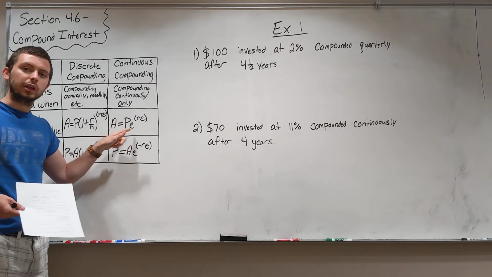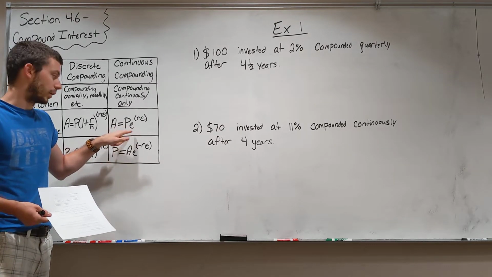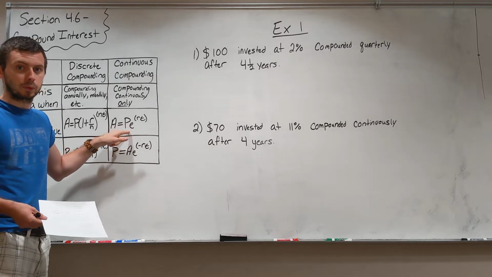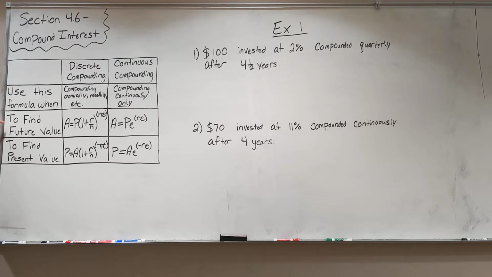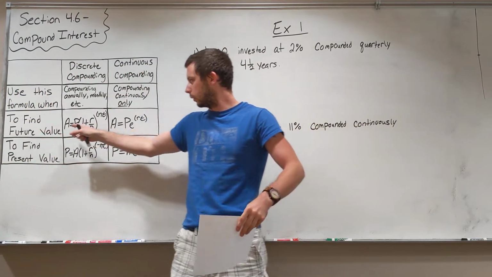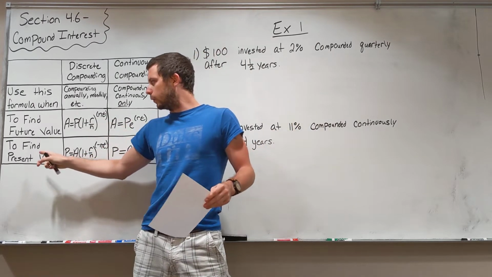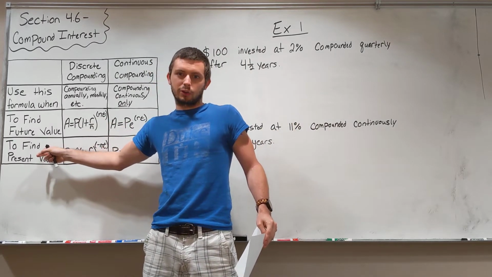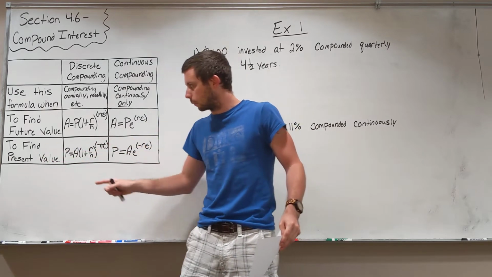And e, remember, e is not a variable. e is a special number, just like pi. In fact, e is in the calculator, which is something we will utilize quite a bit. I also have, in this row, future value type problems. If you invest something right now, what will the future value look like? That's these set of problems. If you want to reach a certain value in the future, what value do you need to invest currently to reach that value?